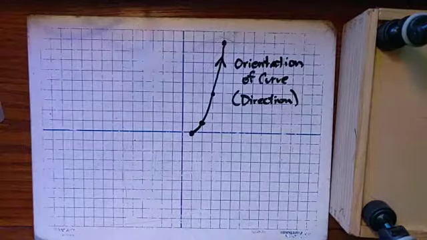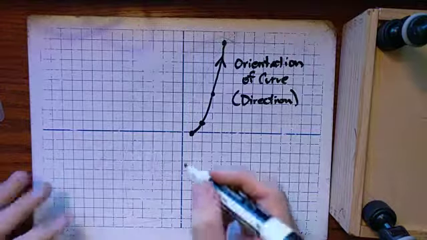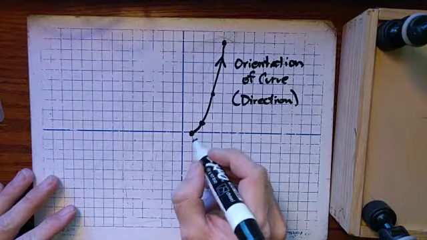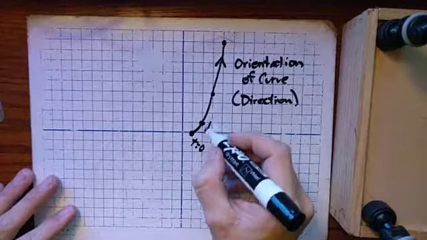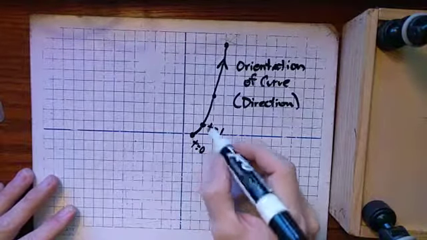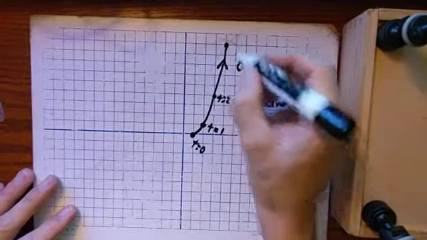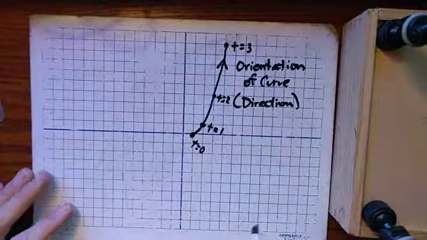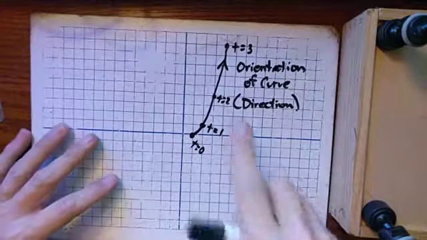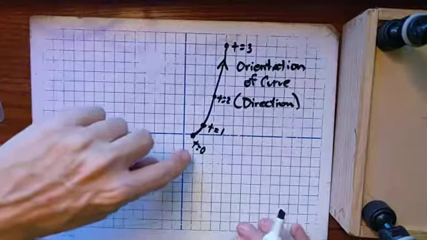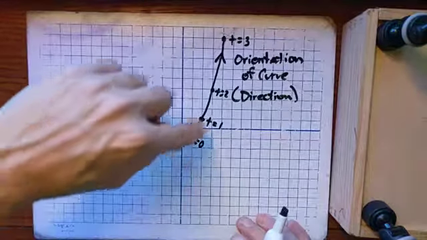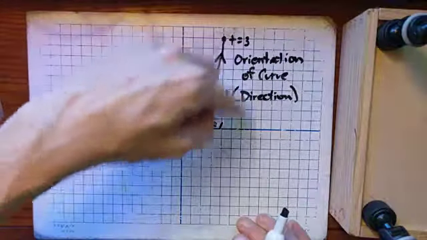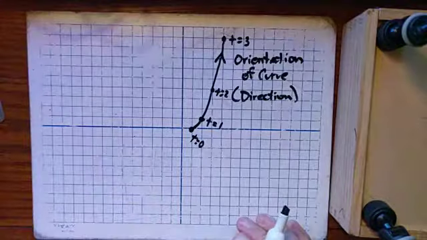Okay, so you might be asking, where are the t values? Well, the t values are marked for each point. This is when t is 0, this is when t is 1, this is when t is 2, and up here is when t is 3. You don't have to put these on the graph, but knowing the order in which you put the points helps you find the direction that the curve is traveling in.